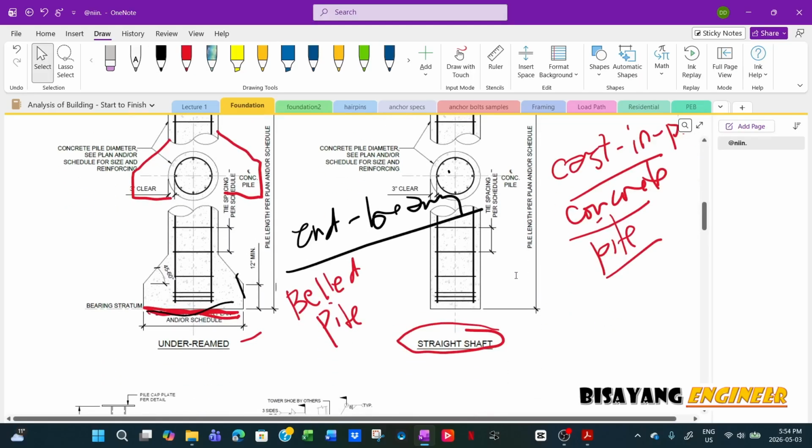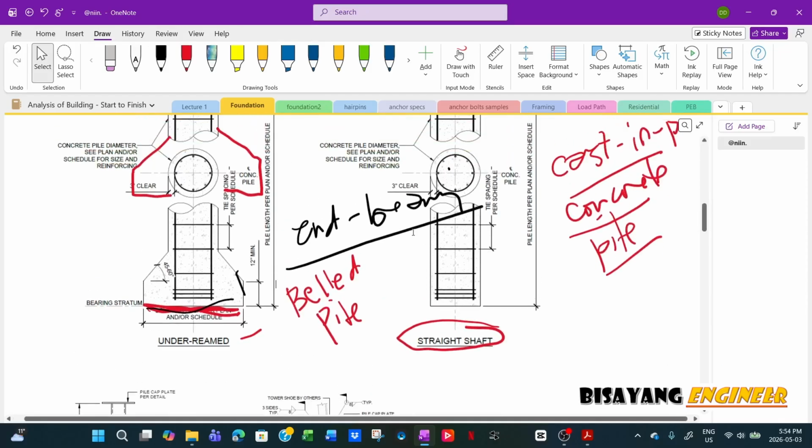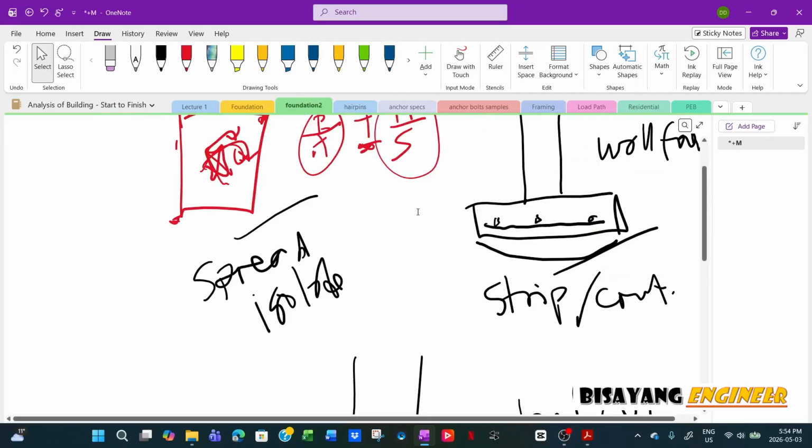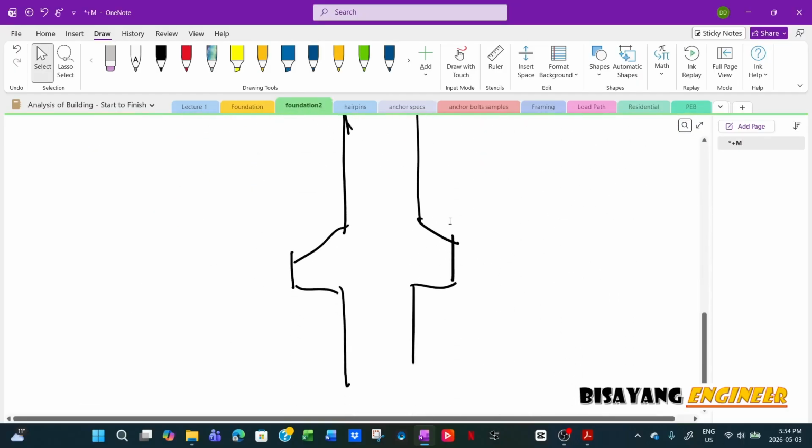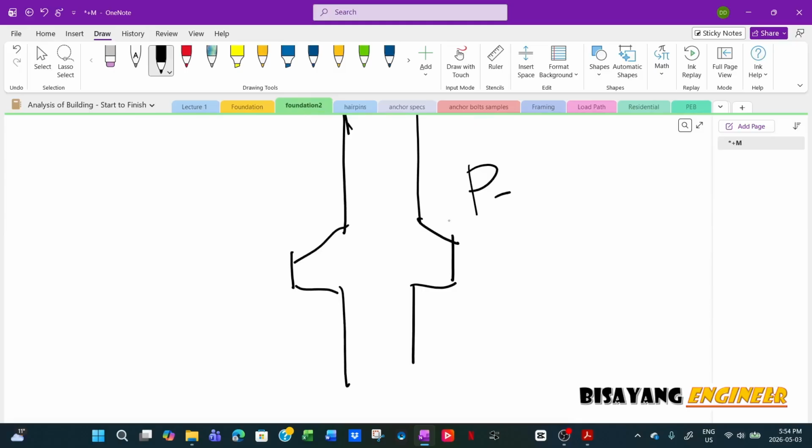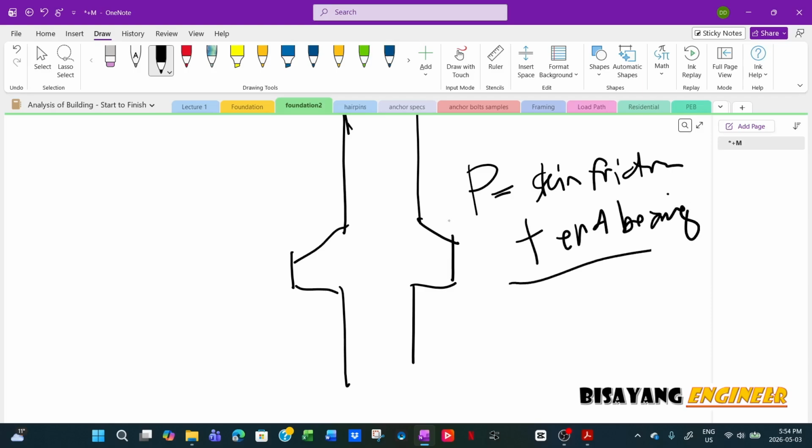If you remember in school, we were taught that when we design a pile, the total capacity is equal to the skin friction plus the end bearing. But this practice has been deemed not accurate anymore.